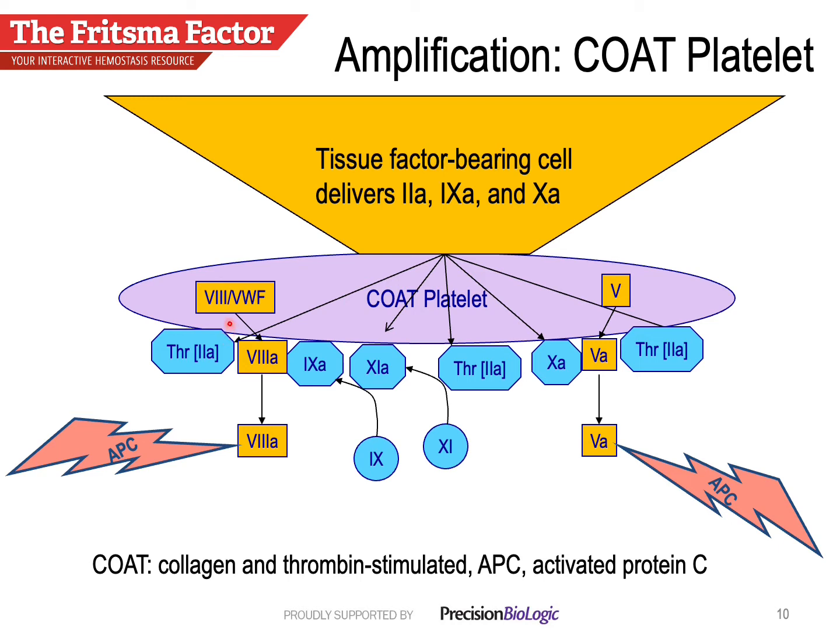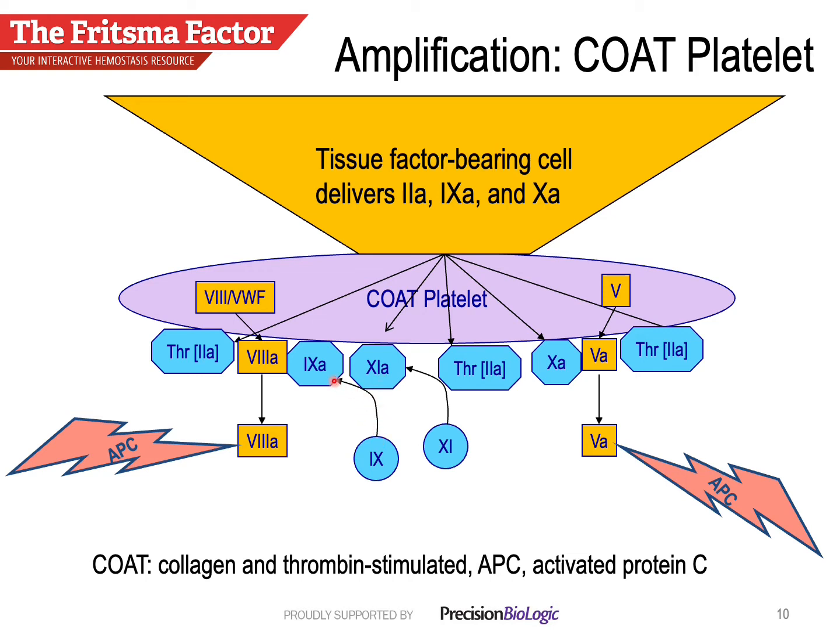This triggers release of factor VIII and von Willebrand factor complex and also factor V, both from platelet alpha granules, and cleaves and activates factor VIII and activates also factor 11 coming from the plasma or from alpha granules to form 11a.